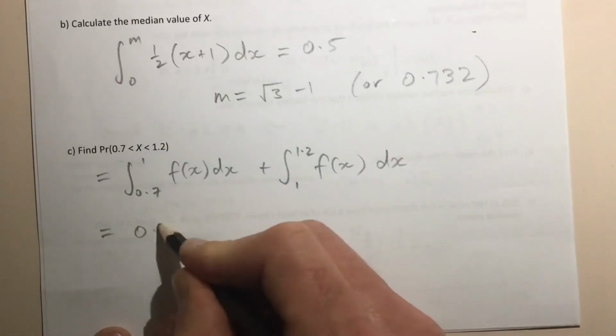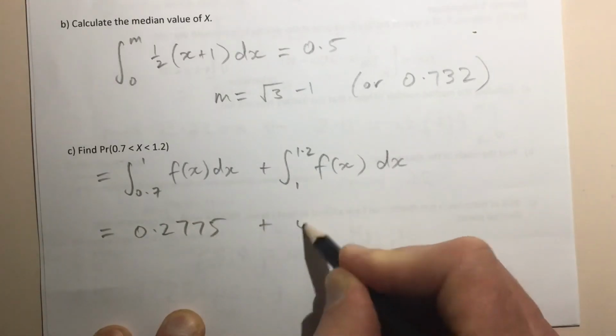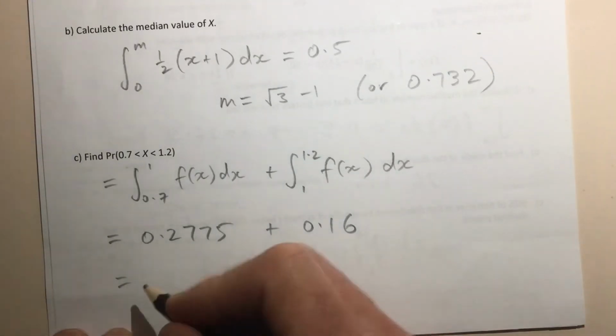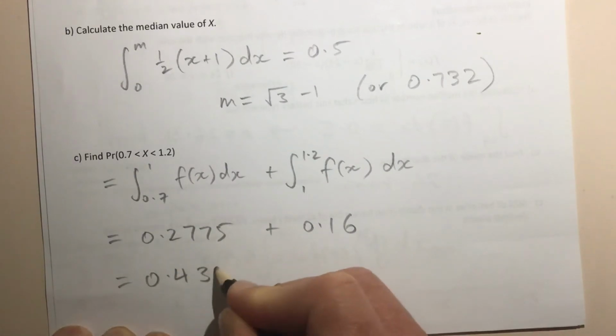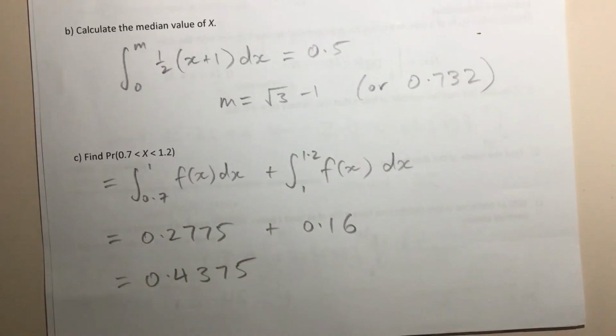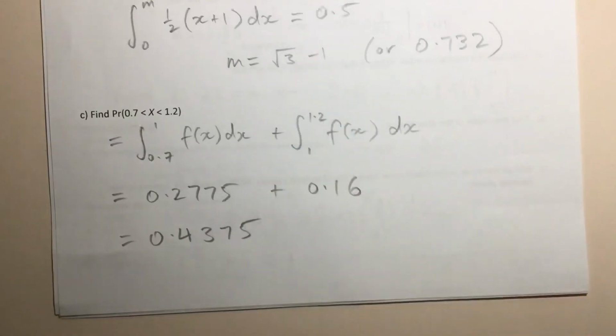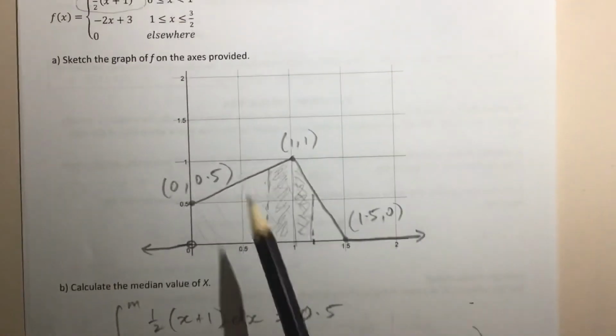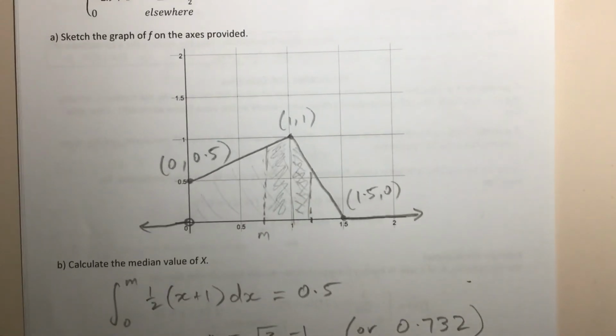We got 0.2775 plus 0.16, and that'll equal 0.4375. So the graph there gave us a good helping hand at finding a probability where we had to consider areas under two different sections of curves, or linear segments, I should say.